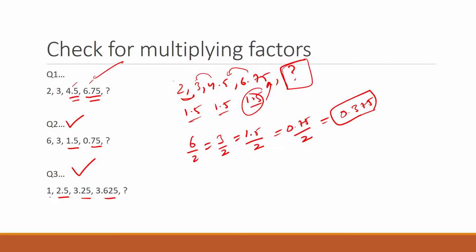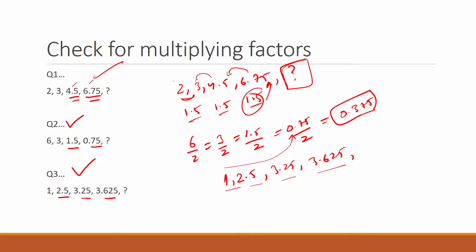And now this is a question wherein you might need multiplication and also addition. So 1, 2.5, 3.25, 3.625. You figure out that this is not just multiplication, because if you do multiplication, the scale should go up exponentially, but here there's some kind of addition also involved.